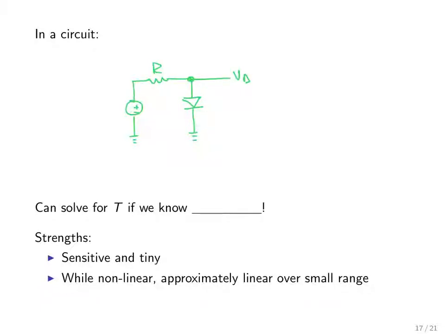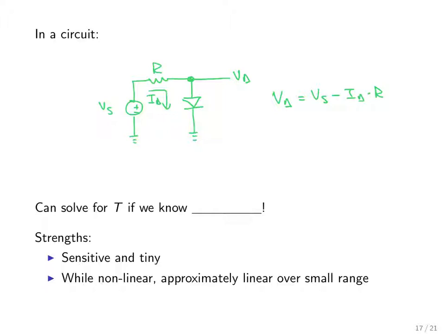We'd have some fixed resistance R to limit the current going through it, and we'd have then the diode current I sub D there. Here's V sub S. So V sub D, the diode voltage, is equal to V sub S, the fixed source voltage, minus I sub D times the fixed resistance R.